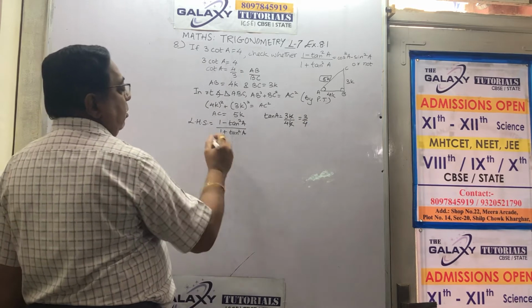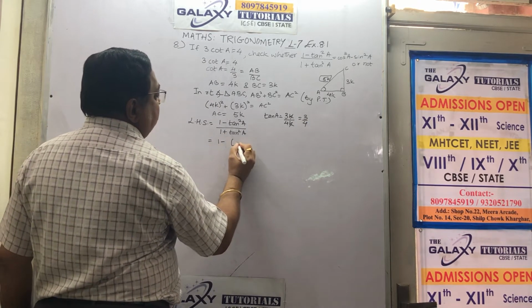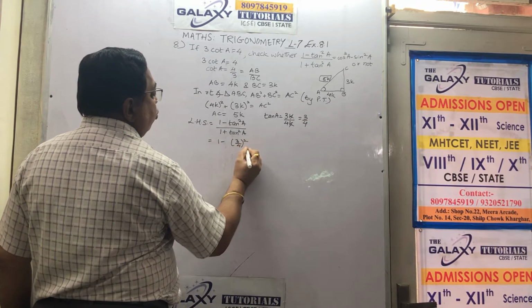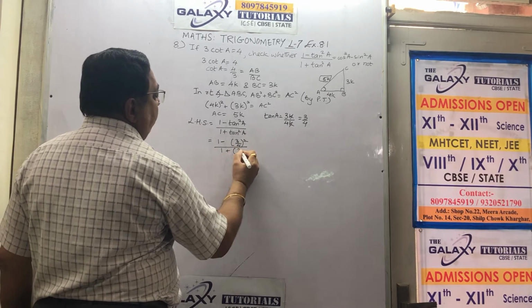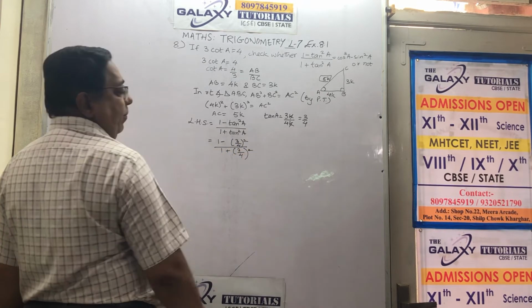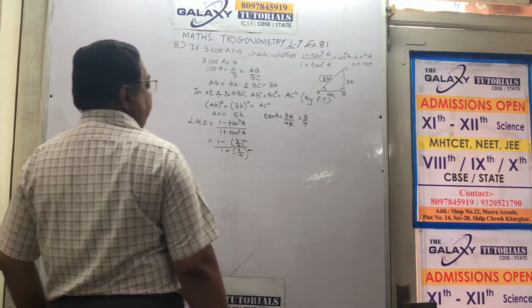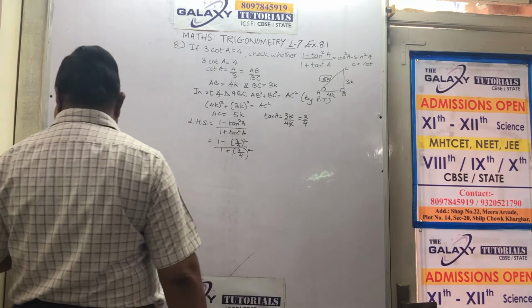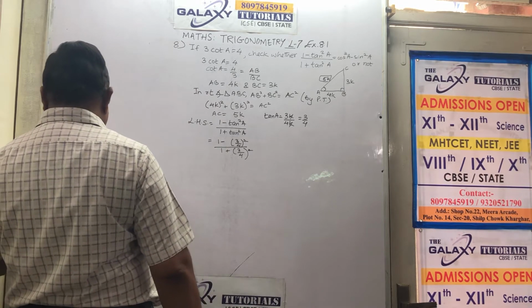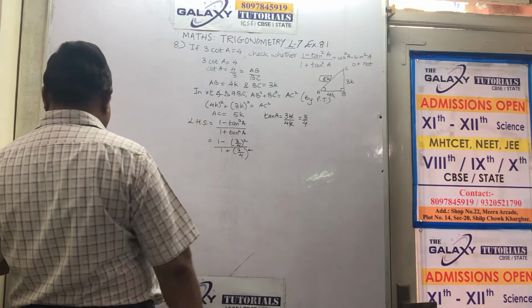I'm going to use it here. This is 1 minus (3 upon 4) the whole square, upon 1 plus (3 upon 4) the whole square. Again, you have to solve this further: 1 minus 9 upon 16, 1 plus 9 upon 16. You can go ahead and solve further.